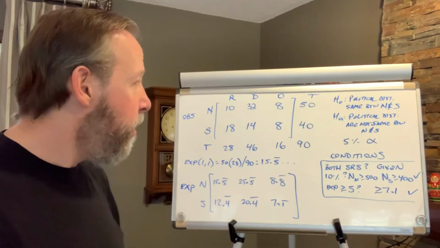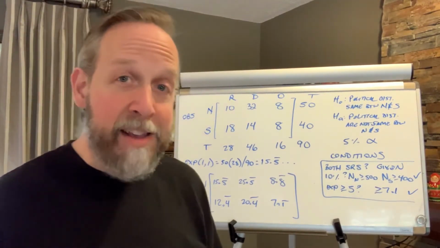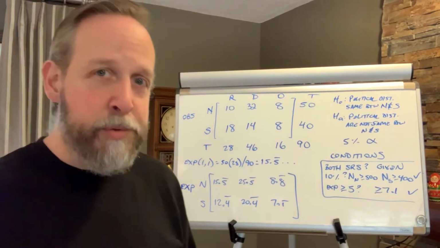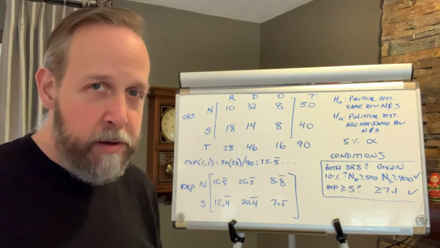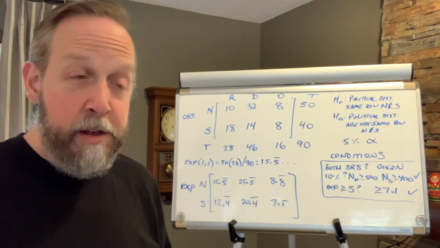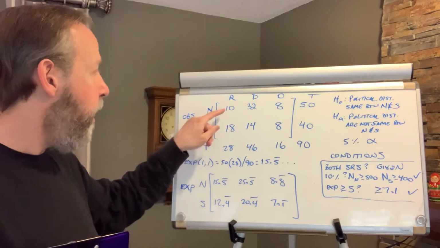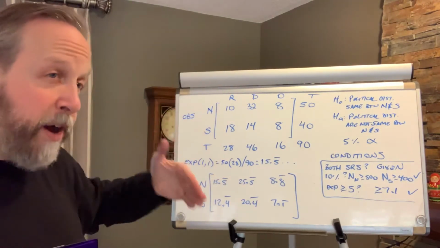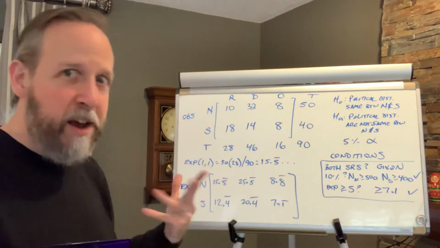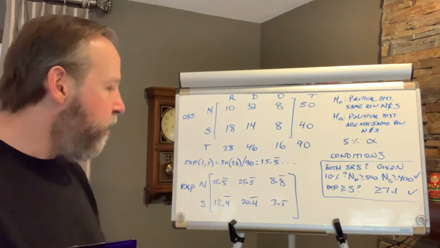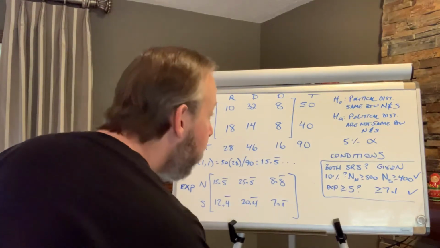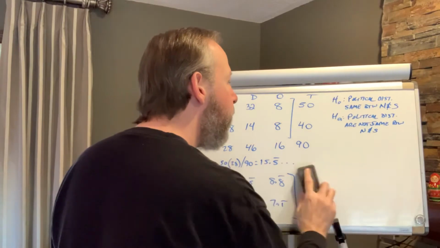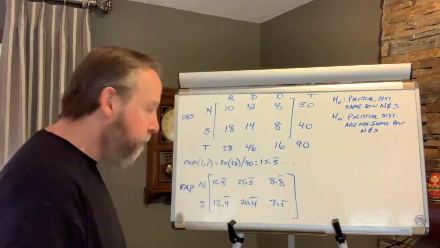All good? All right, now to find the chi-square matrix, you need to use the chi-square formula of observed minus expected squared divided by expected for each one of those cell references. So 10 minus 15.55555 squared divided by 15.55555. And that's going to get you the chi-square matrix. All right, well, let me write over here how I would do that.